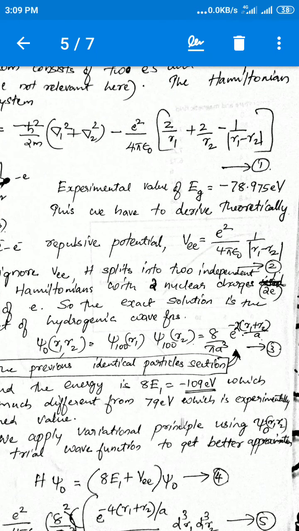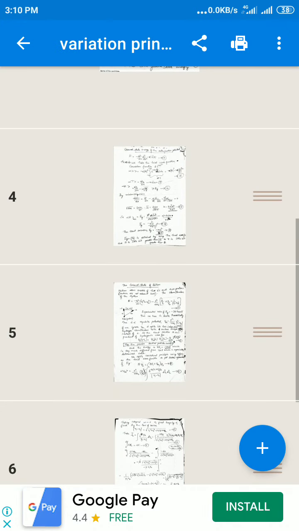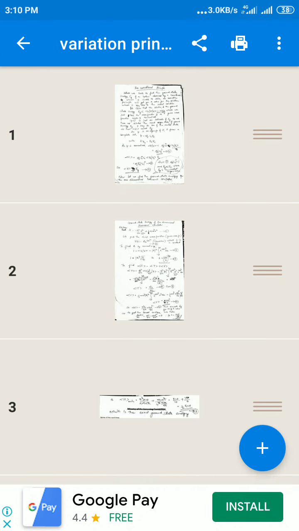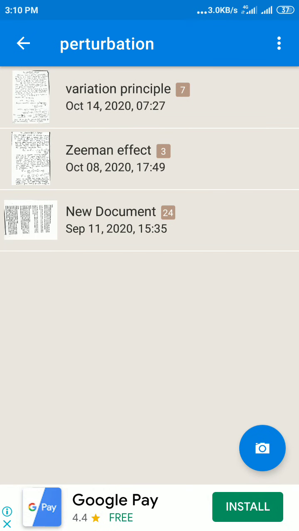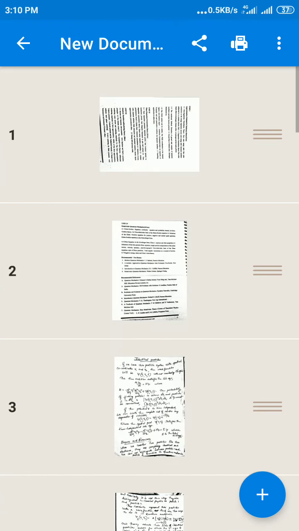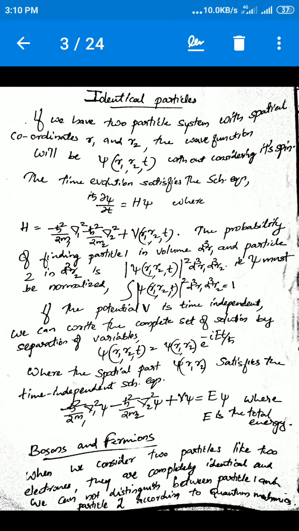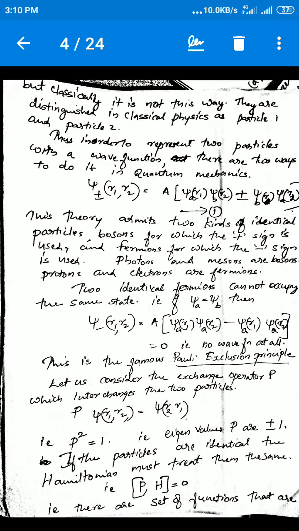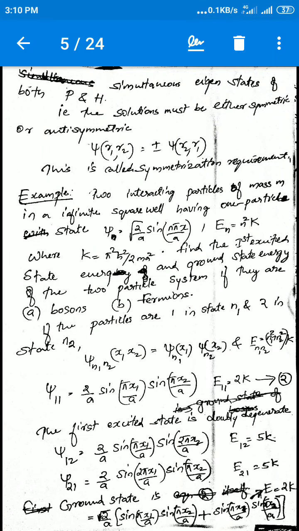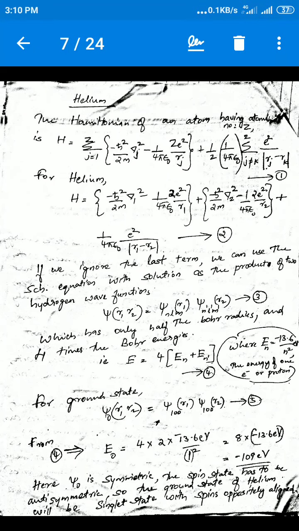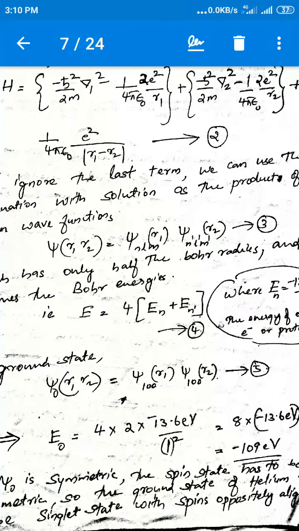If you want to see, I will just show you now, which is there in the identical particle section. Let me just see. This is the identical particle system. Now let us go to the wave function. See here, the energy is written, 8 times 13.6 electron volt.